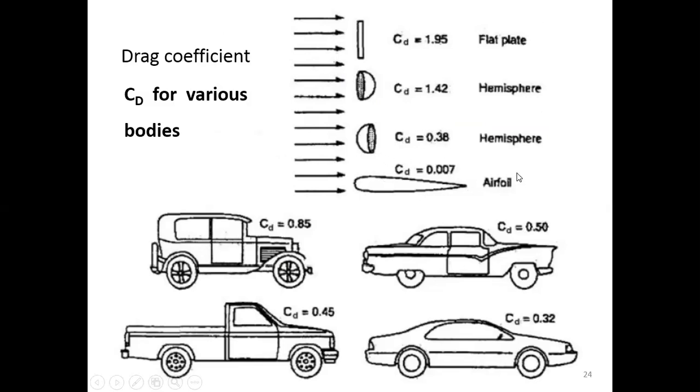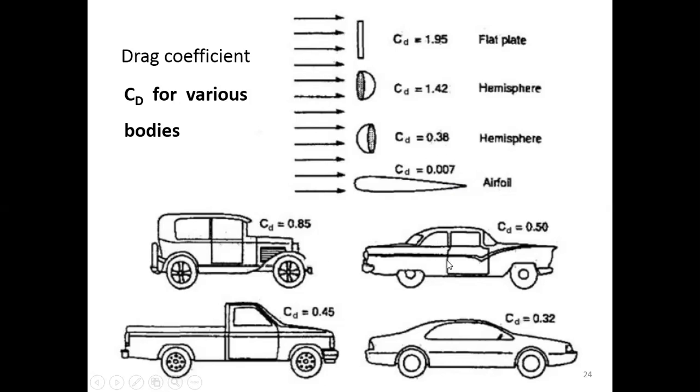And especially for the airfoil shape, you can see the airfoil shape here that looks like this for most aircraft wings. The airplane wing will have a shape that looks like the airfoil shape here, and you can see that the CD is very, very low.